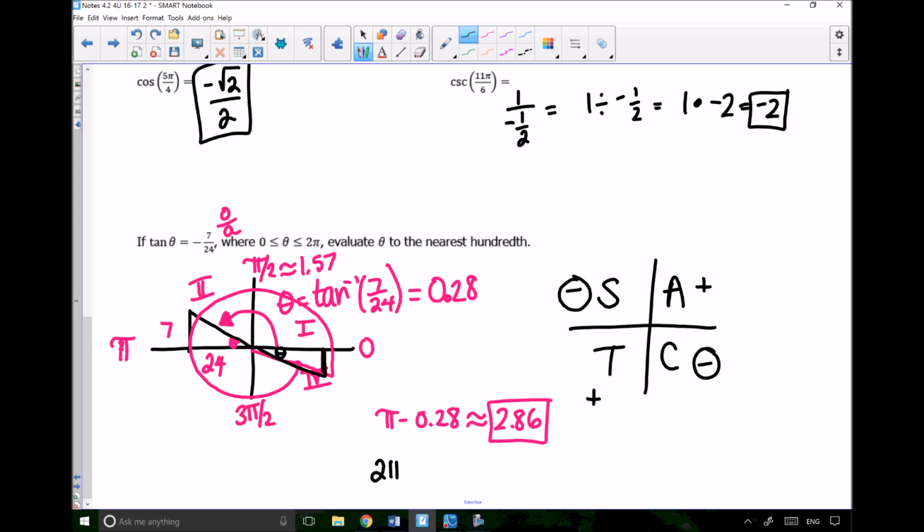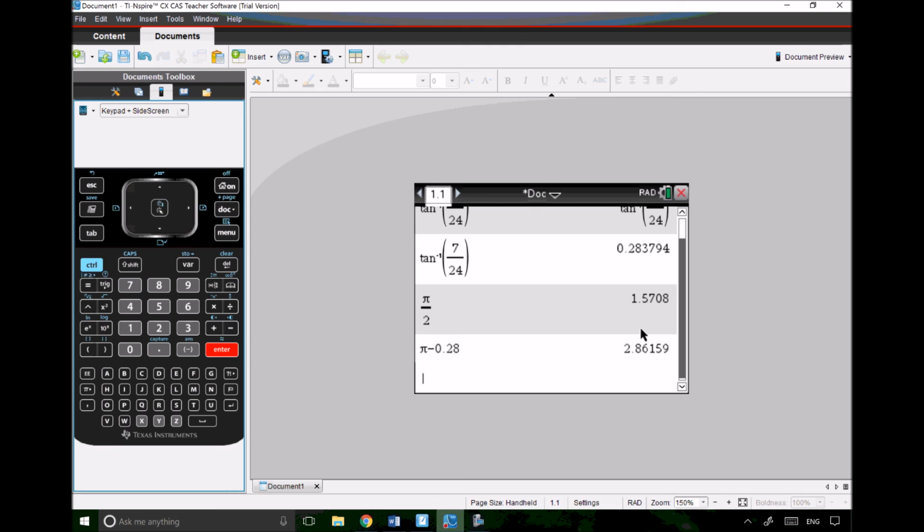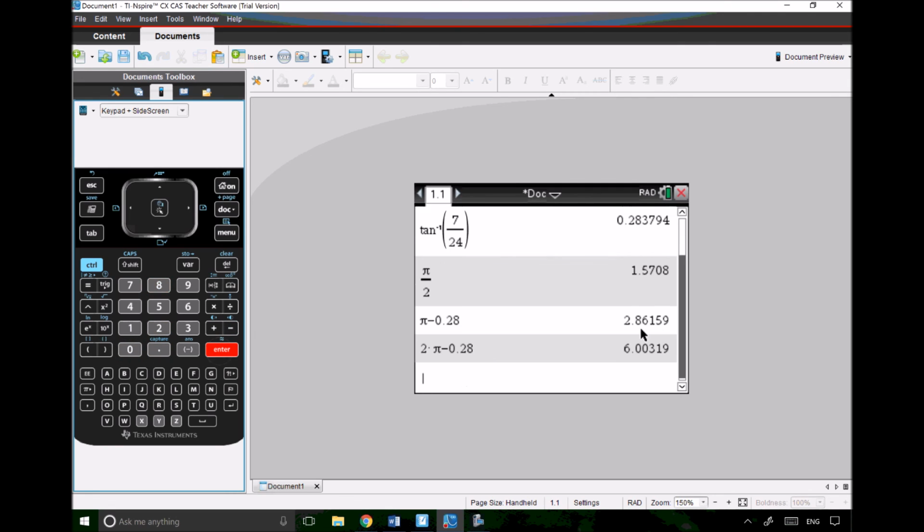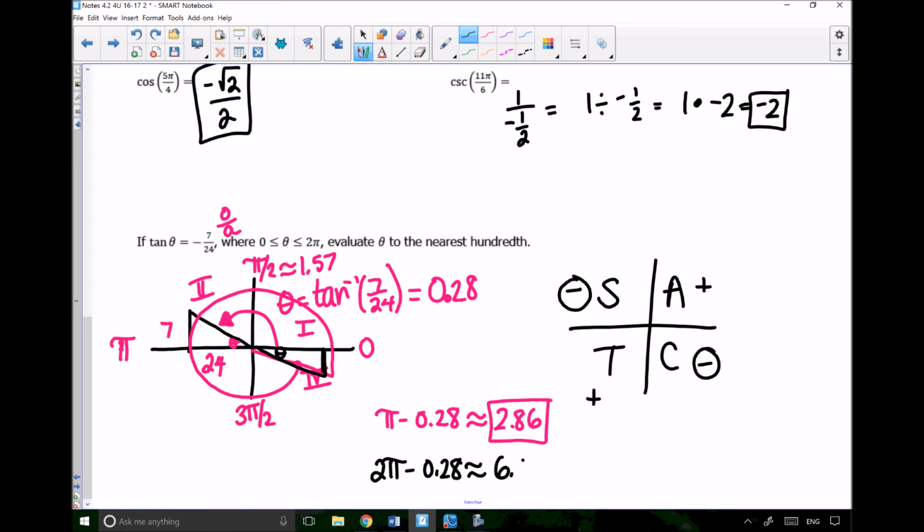So I'm going to figure out 2 pi minus 0.28, and I get approximately 6.00. So that's my other possibility for what theta could be.